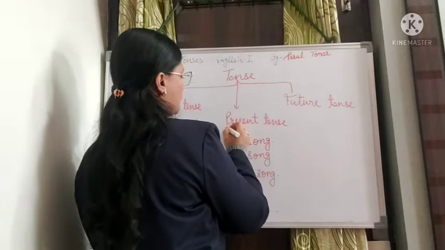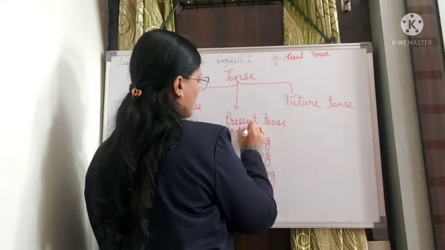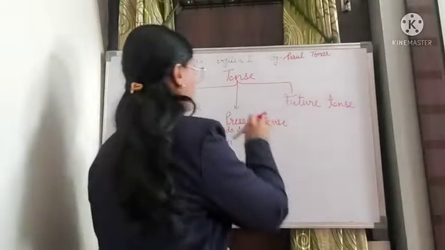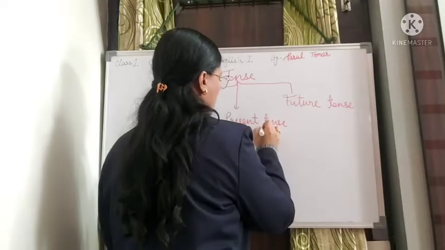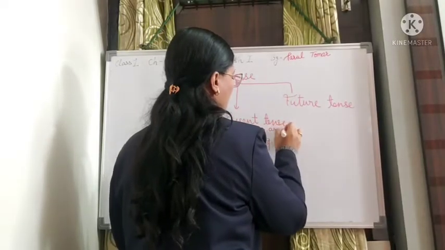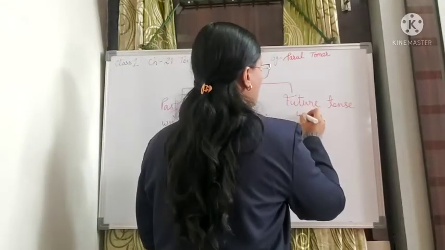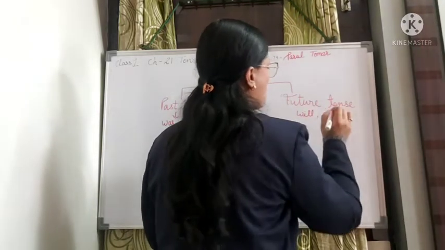In present tense we use do, does, is, are and am. And in future tense we use will and shall.